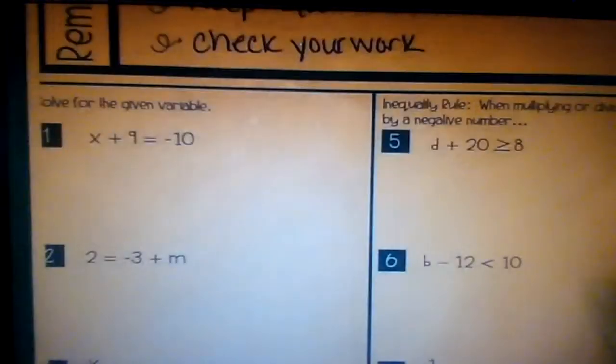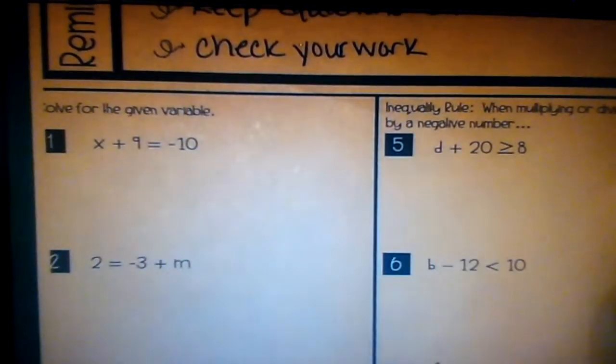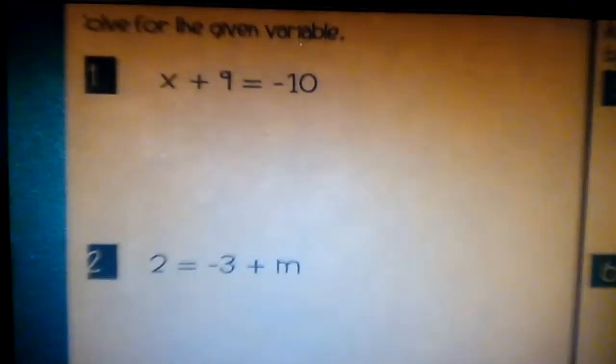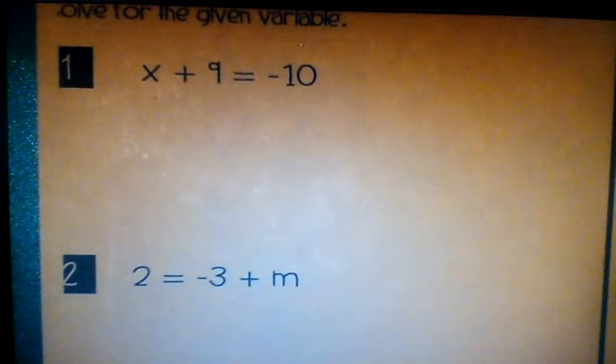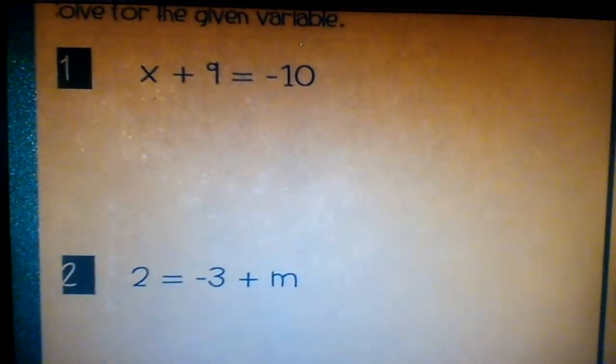All right, we're gonna start with the left side. We're gonna go in order: 1, 2, 3, 4, 5, 6, 7, 8. Okay, so our job is to get X by itself.